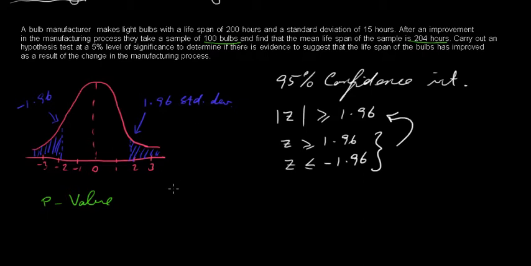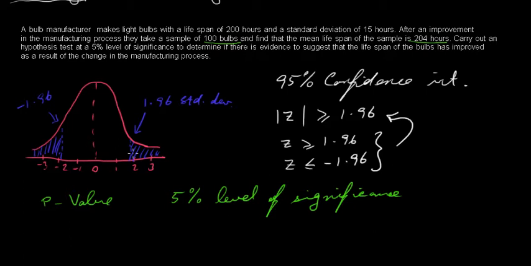We're going to look at a 5% level of significance. Basically, if our probability value is smaller than 5%, our significance level, then we're going to reject the null hypothesis.